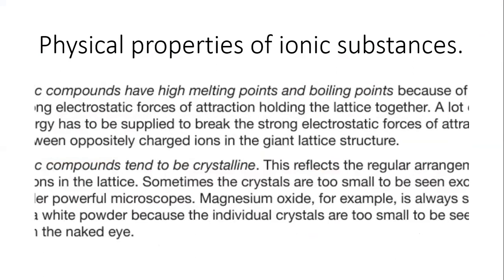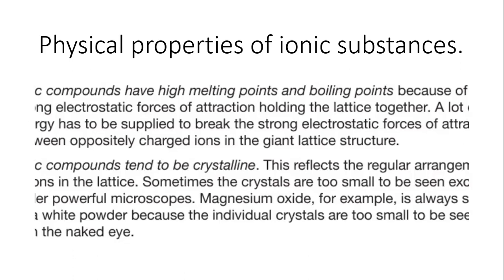Because they're oppositely charged ions, they will have a really strong force of attraction between them. And since they have a strong force of attraction, you need to give a lot of heat energy to be able to break that bond. That is why ionic compounds have high melting points and boiling points.